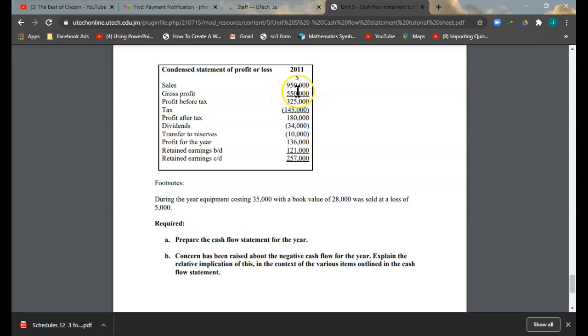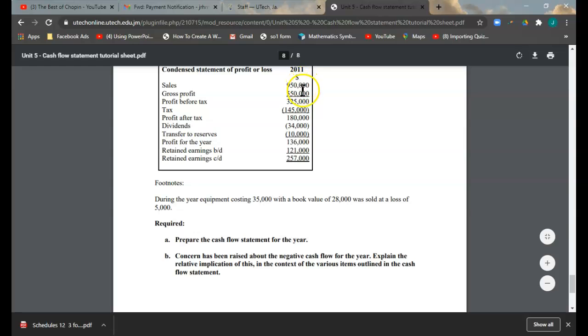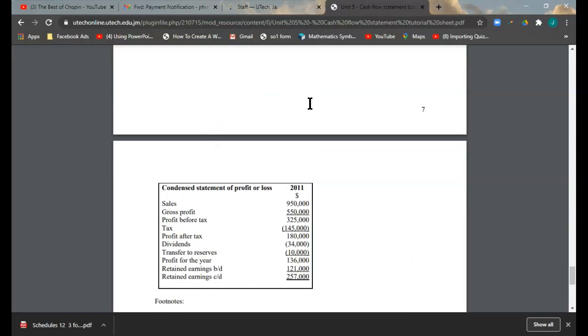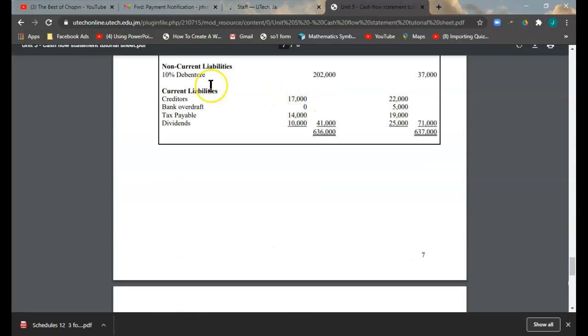They shouldn't have, because there's no relationship between these two figures. But back to my point, I strayed. This 325,000, we are going to have to use it to arrive at the starting figure for the cash flow statement. And what we're going to do, we're going to simply add back the interest, the finance charge that is associated with the 10% debenture.